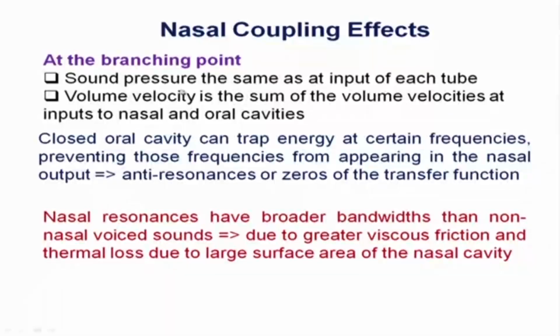The sound pressure is the same at the input of each tube, and the volume velocity is the sum of the volume velocities at the input to the nasal and oral cavities. So, a closed oral cavity can trap energy at certain frequencies, preventing those frequencies from appearing in the nasal output. So, think about when I am producing a nasal consonant or nasal sound: if my oral cavity is totally closed, then the air is coming through the nose.